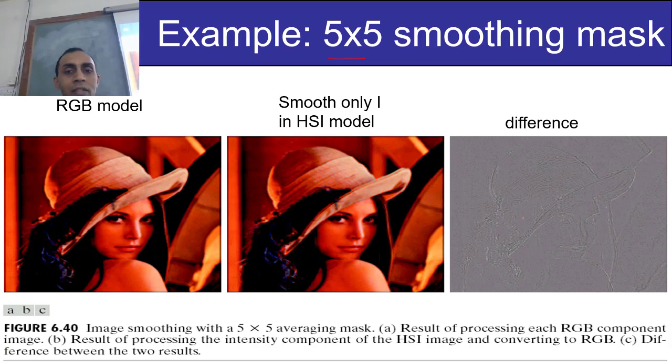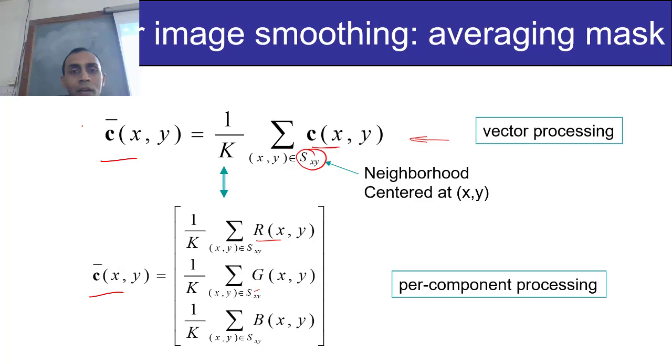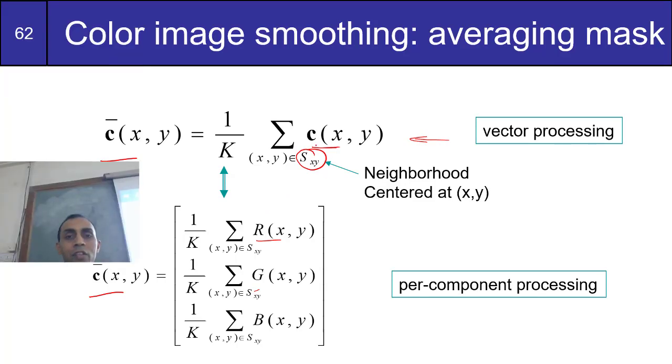Here there will be a slight difference between smoothing only the intensity component of the HSI model and smoothing the RGB model. If you subtract the two results, you can see there is some difference here. Why is the difference? Because when you are doing an averaging operation in RGB space, your color may get modified, because now you are taking an average of the neighborhood of the color.